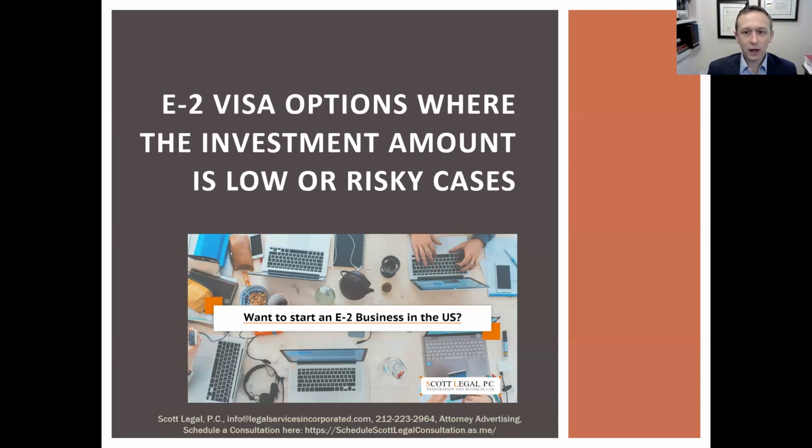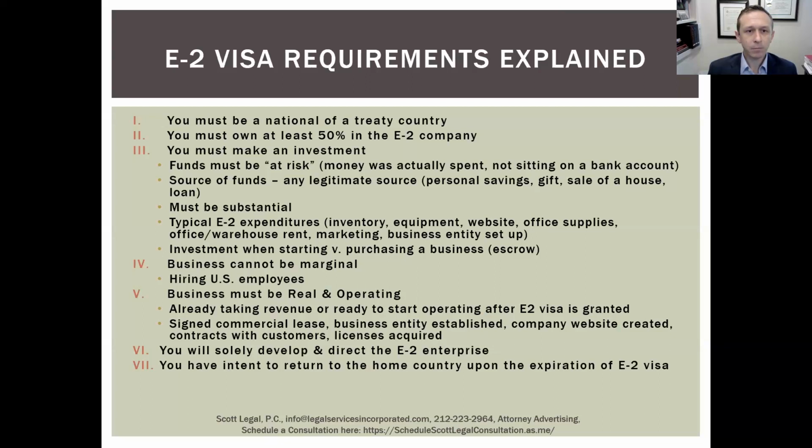To get us started, why don't we go ahead and dive in by talking about the requirements for the E-2 Treaty Investor Visa. The first requirement, as the name suggests, is that you must be a national of a treaty country, an E-2 treaty country. And fortunately, there are dozens of E-2 treaty countries.